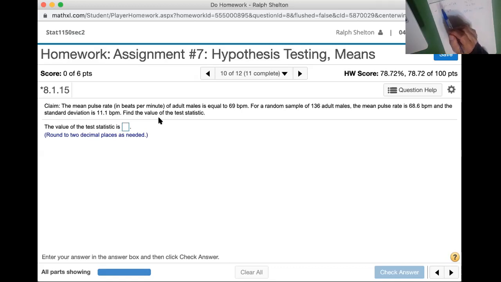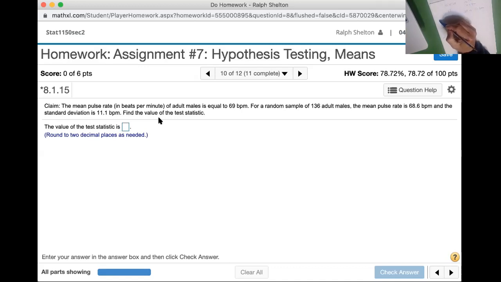Well, it doesn't tell us here if it's normal or not. Since it does not tell us, being a good scientist, okay, a scientist is skeptical, all right? If we don't know if this population's normal or not, we have to assume that it's not. And here we don't know, so we assume it's not normal.